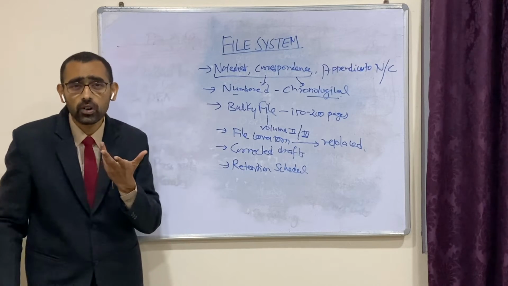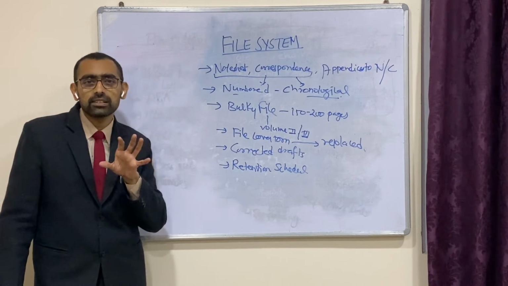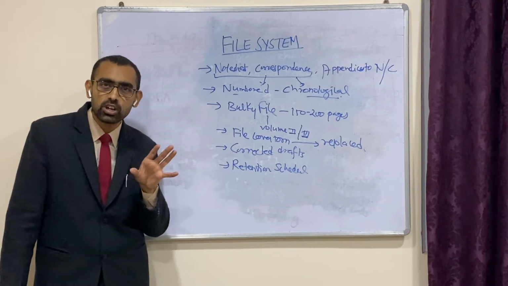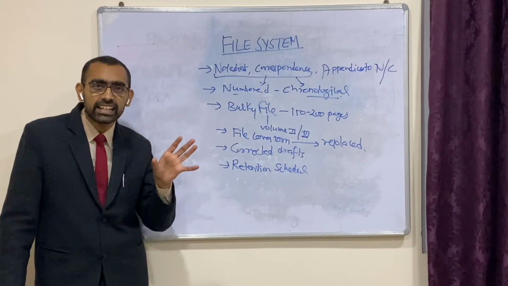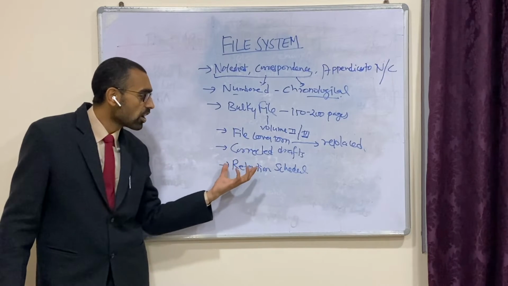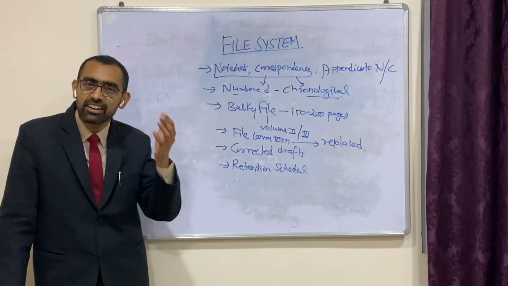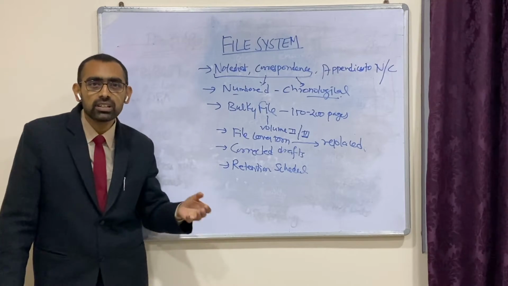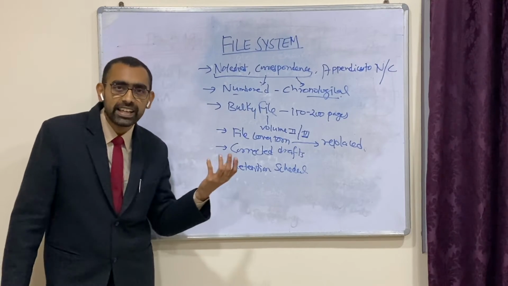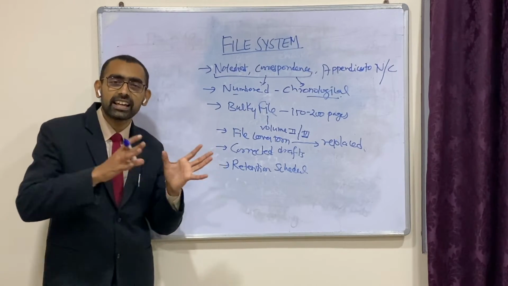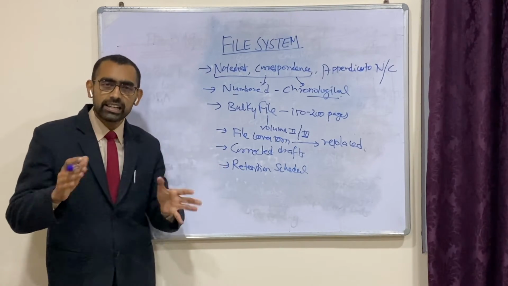Retention schedule. So every file has a designated life. It depends on what kind of office you are working in. Either your state government must have given some kind of record retention schedule, or the Department of Administrative Reforms has a standard retention schedule. Based on that you have to do weeding out. So if certain files are outdated, they are not required anymore. I'll give you one example.